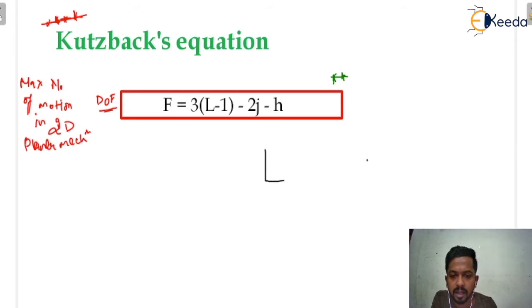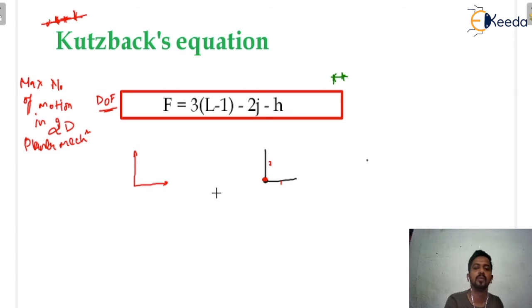This is our link, and this is a joint. What type of joint is it? A binary joint, because two links are going to be attached here, one and two. So this is the binary joint. Are you getting my point? Now see here, if I draw the diagram, how many motions are possible?